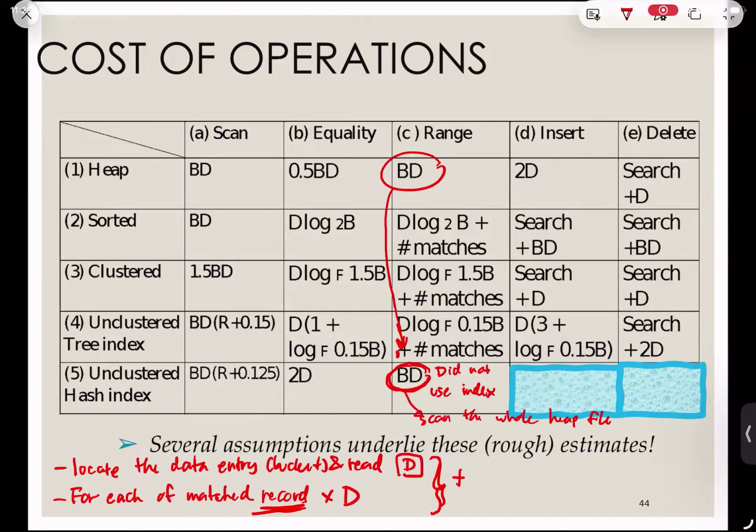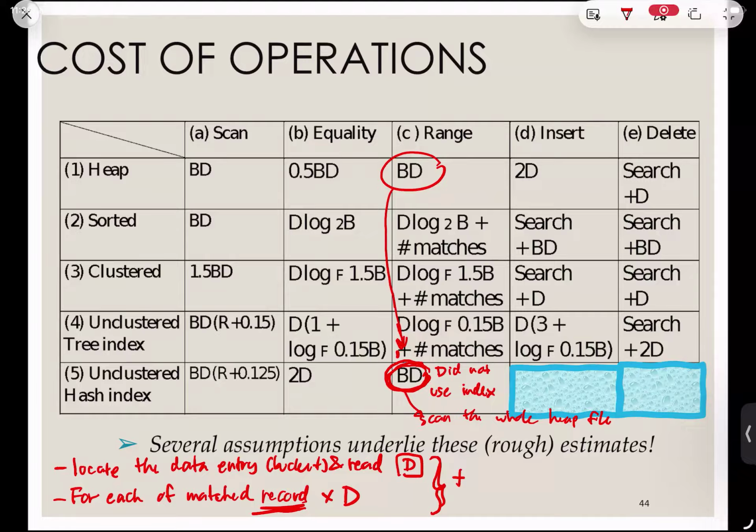Previous slide there. For BD right here, that means if I don't use the index at all, that would be the cost of scanning the whole thing to find the range search.